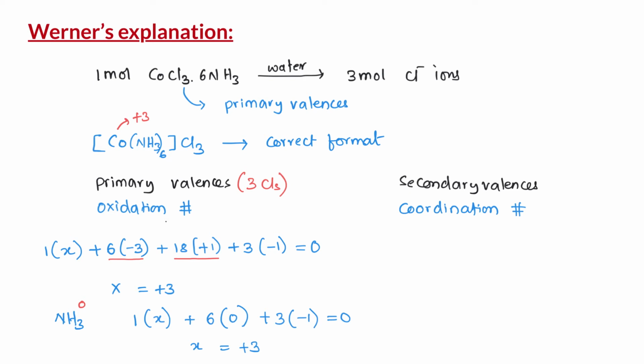Therefore, all 3 chlorines are primary valences. Next, let us calculate the coordination number. Coordination number is the number of secondary valences, that is, the species present inside the square bracket. We have 6 ammonias, therefore the coordination number is 6.